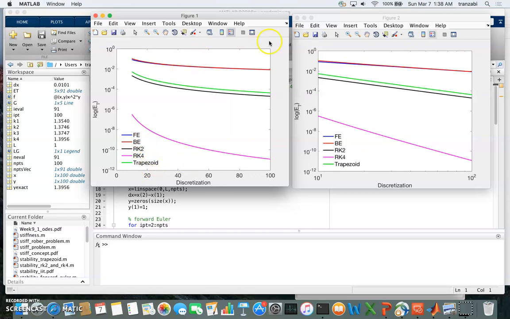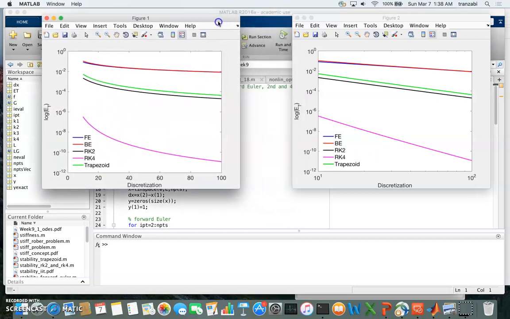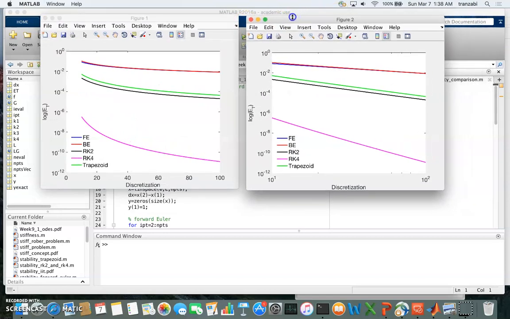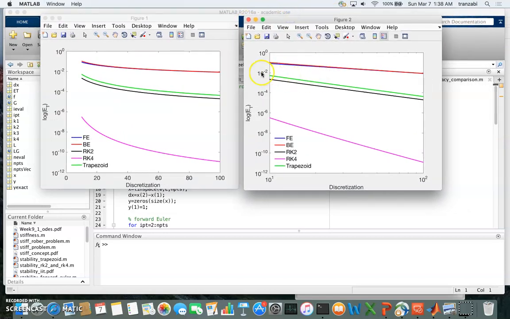Now, with this discretization, I can go ahead and calculate my delta x. On the right panel now, I'm showing the same error, but against delta x. For this point, delta x is the total domain divided by 10 points. For this point, delta x is the total domain divided by 20, because there are 20 points.